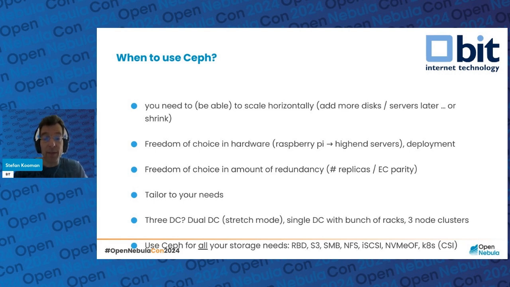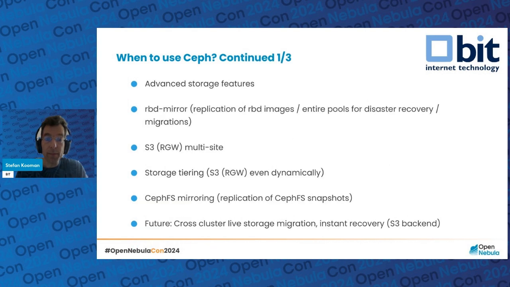And basically, Ceph is a one-stop shop for all your storage requirements. Besides the native storage interfaces Ceph provides, like RBD, you can make it into a NAS or a SAN and even use it in Kubernetes environments. It comes with batteries included.